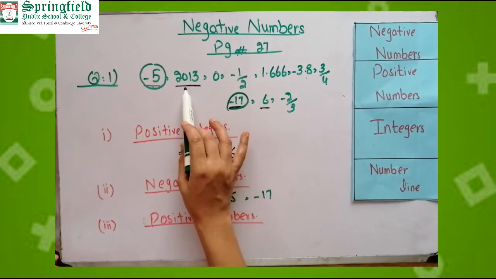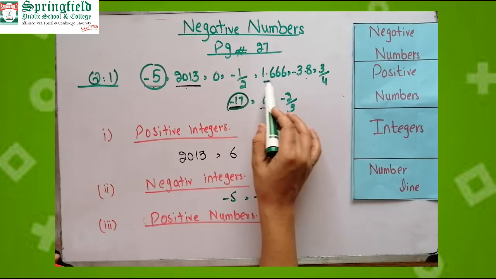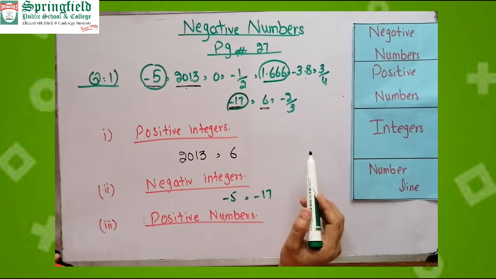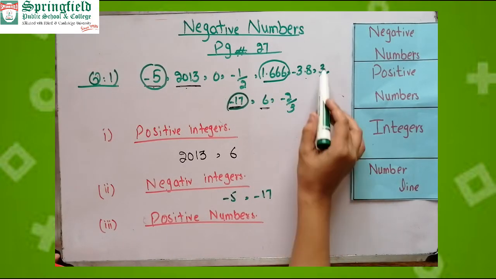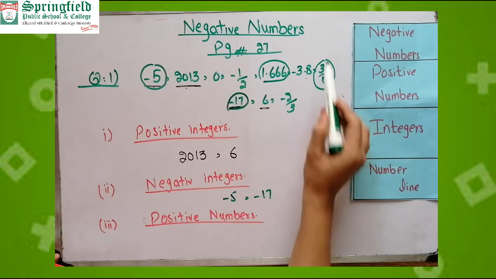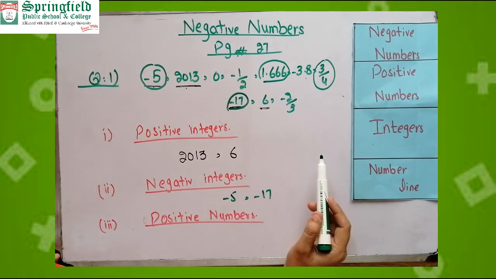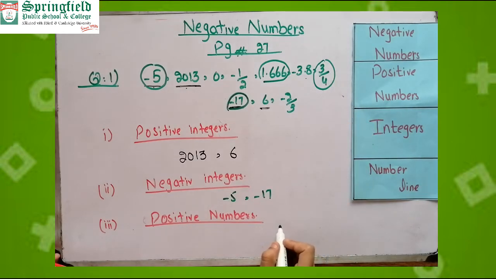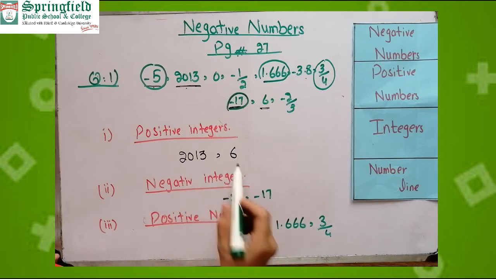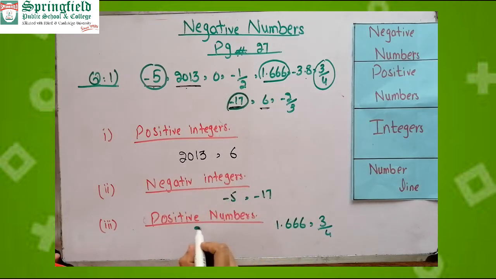So this is a positive number. Another positive number, 3/4, is a positive number. So we can write here 1.666, 3/4, and you can write these numbers in this positive form: 2013 and 6.